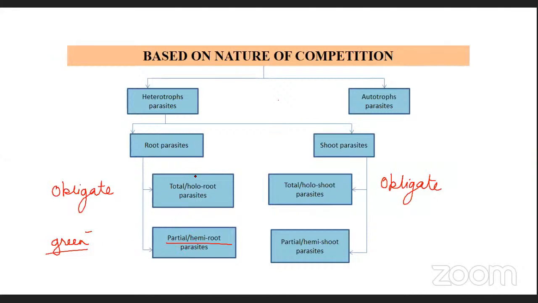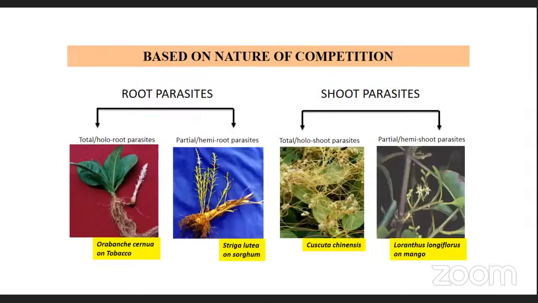The example here, you all know, is Orobanche, and I have told you that Orobanche usually attacks tobacco. The other crops on which Orobanche usually attacks are tomato, faba bean, chickpea, and mustard.